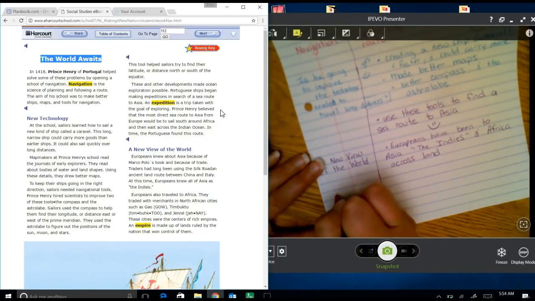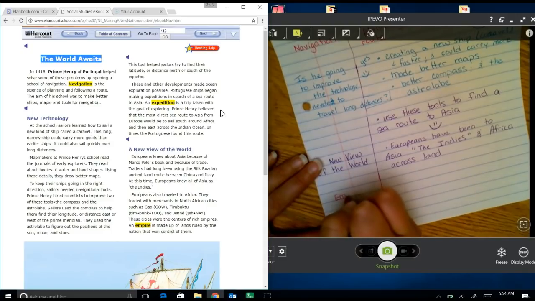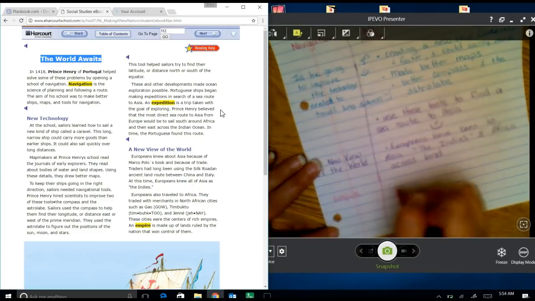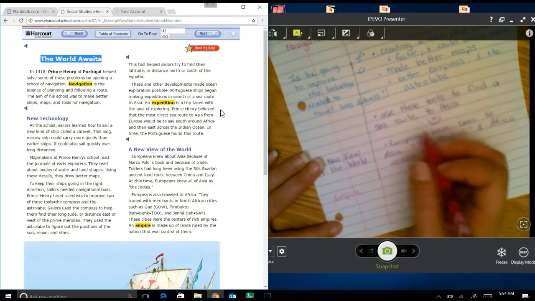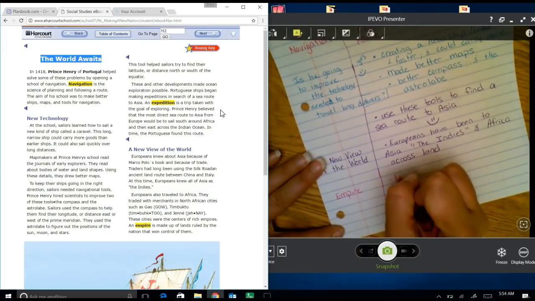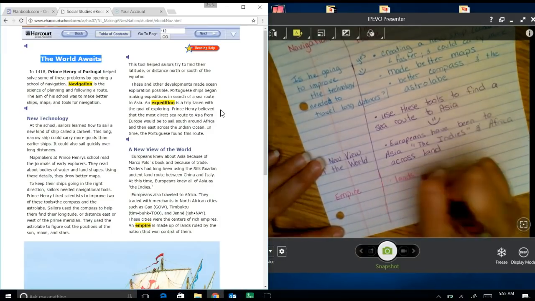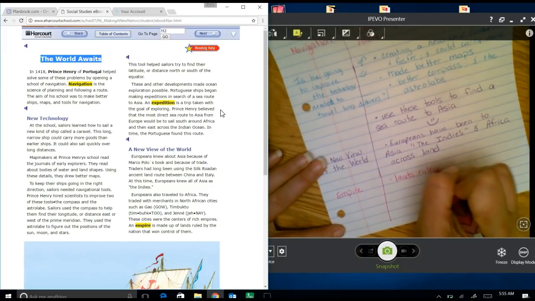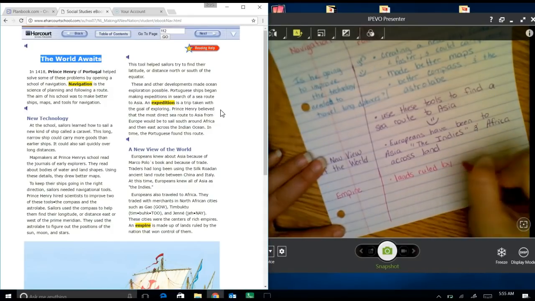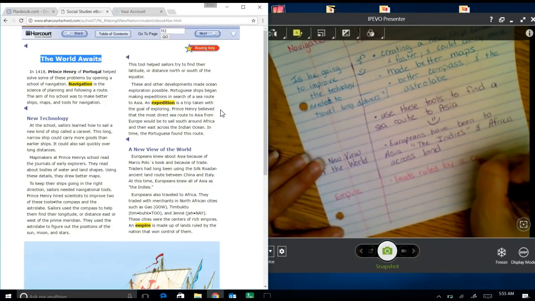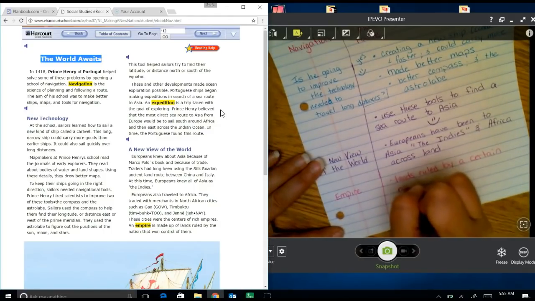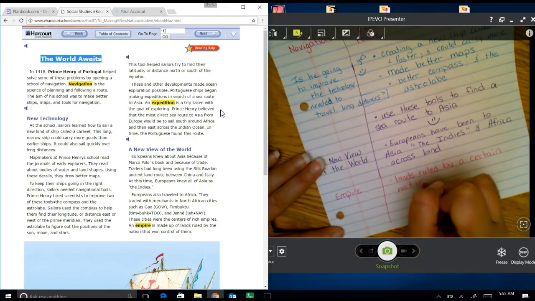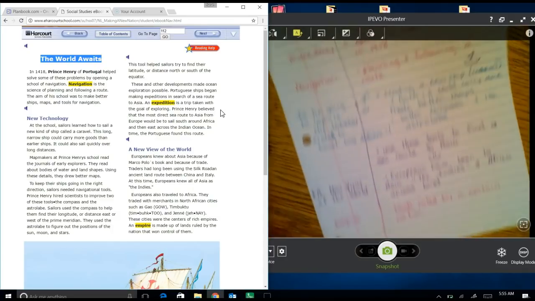So, empire, which are simply land ruled by nations. Okay, so lands ruled by a certain nation are considered an empire. Okay.